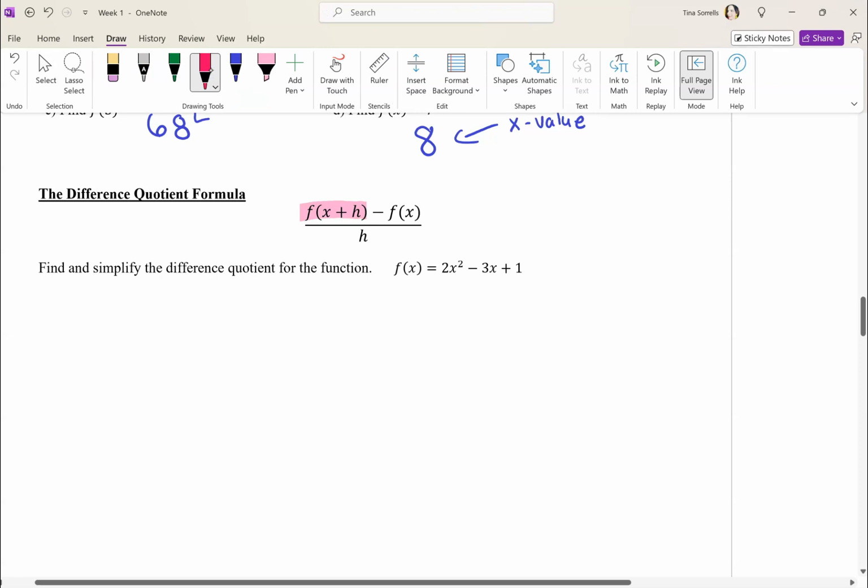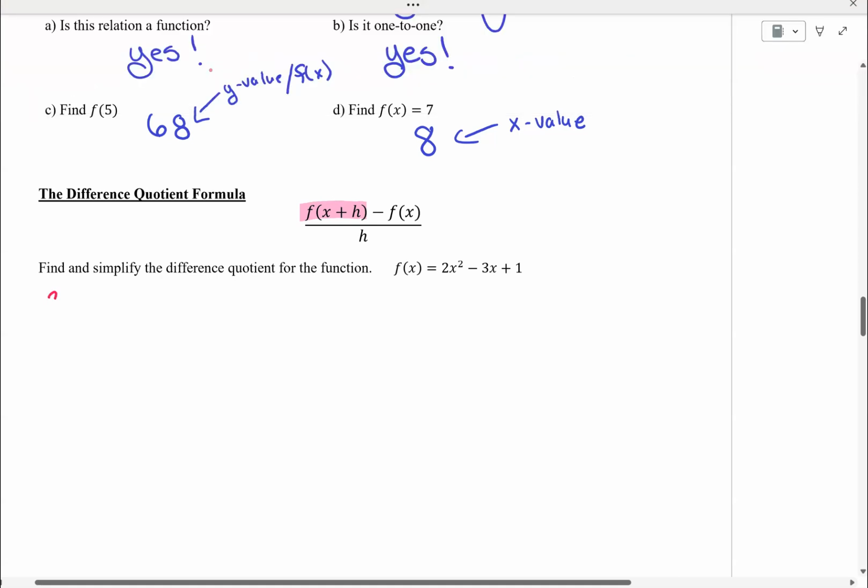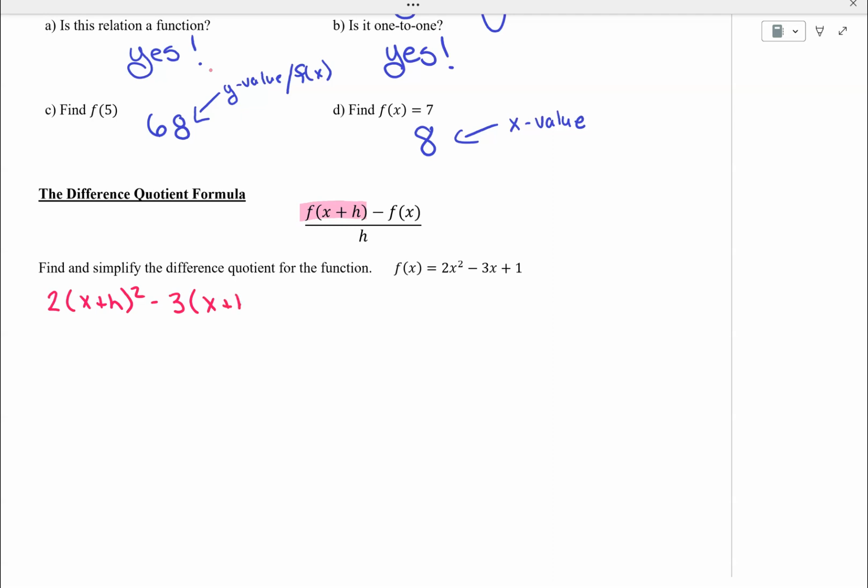So that means every single spot that I see an x, I have to put x plus h. So we're going to go 2 times (x plus h) squared minus 3 times (x plus h) plus 1. Okay. And then I'm going to use my blue as the problem.